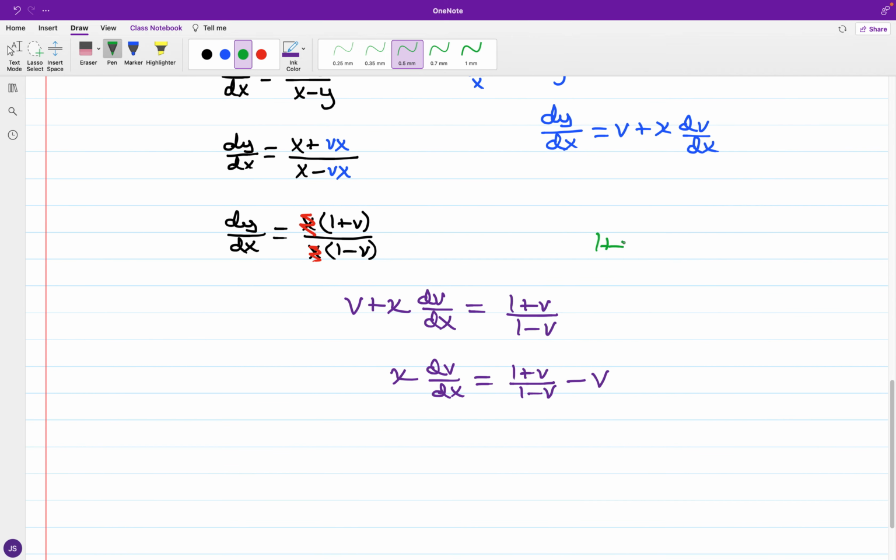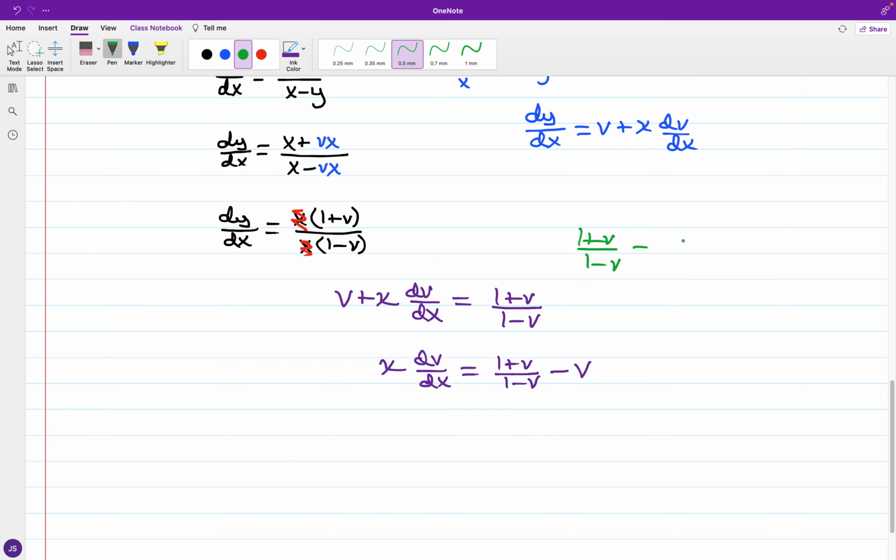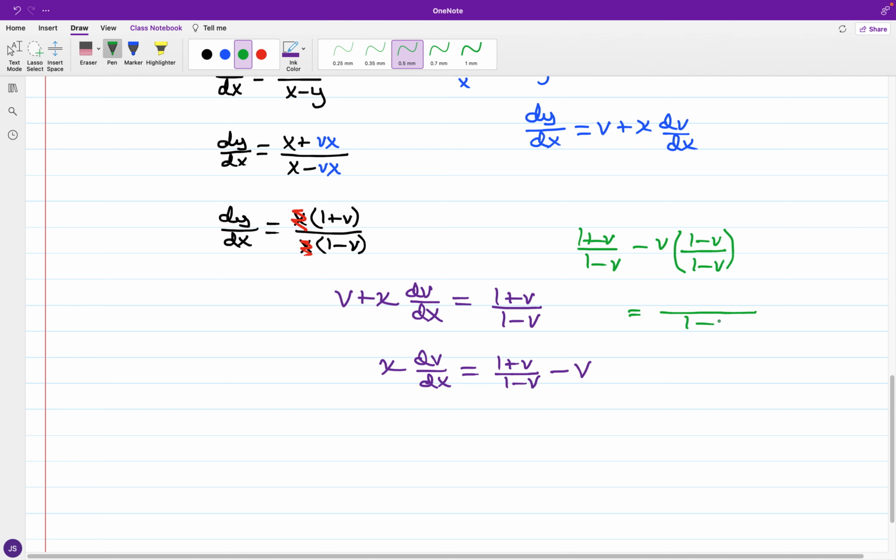And just doing a bit of backtracking, we have 1 plus v over 1 minus v, then minus v. I'm going to rewrite v in terms of the denominator, 1 minus v. So consolidating, from the first fraction I have 1 plus v, then we have minus v, and a negative times a negative is going to be a positive v squared.